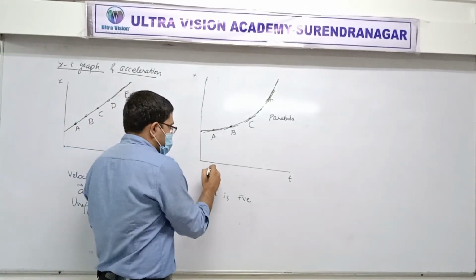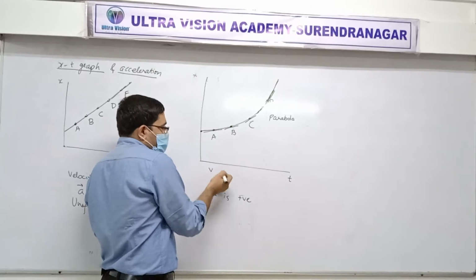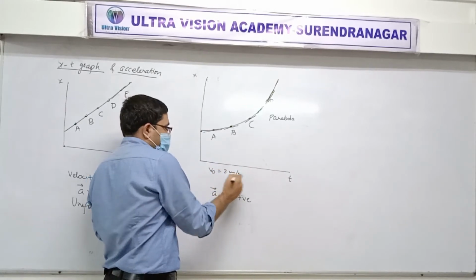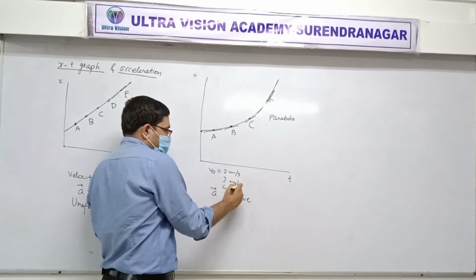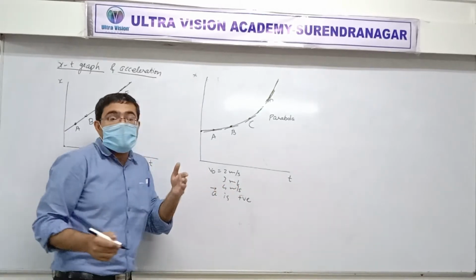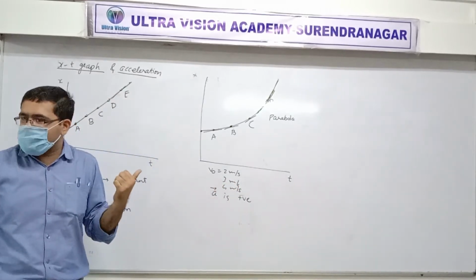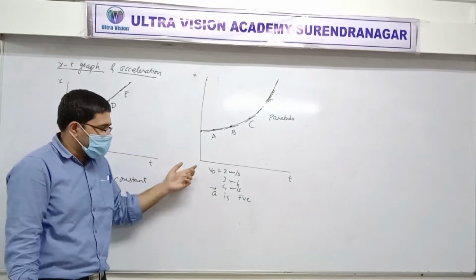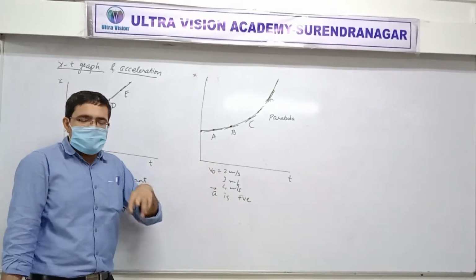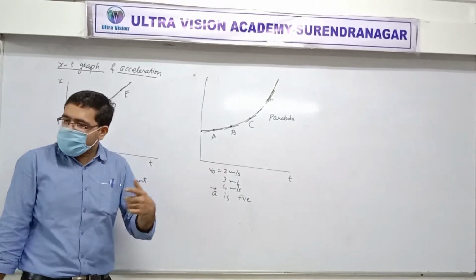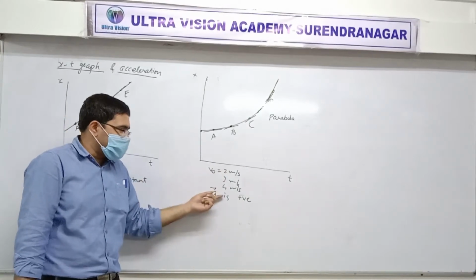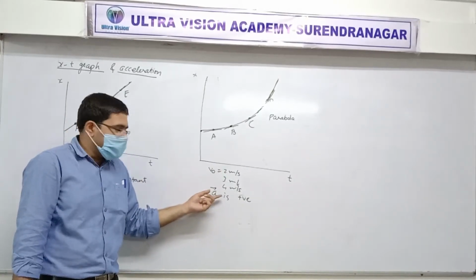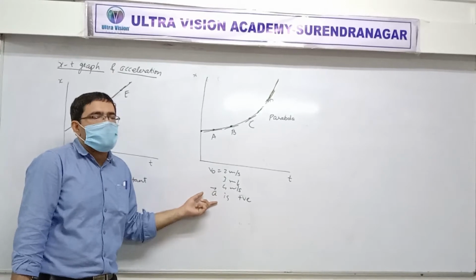If velocity changes from initially, suppose 2 meters per second, then it becomes 3, then 4, then 5, then the change of velocity is positive, correct or not? What is the meaning of change? Final minus initial. Every 1 second the velocity is increasing. So if velocity keeps increasing like this, then that would mean acceleration is positive.